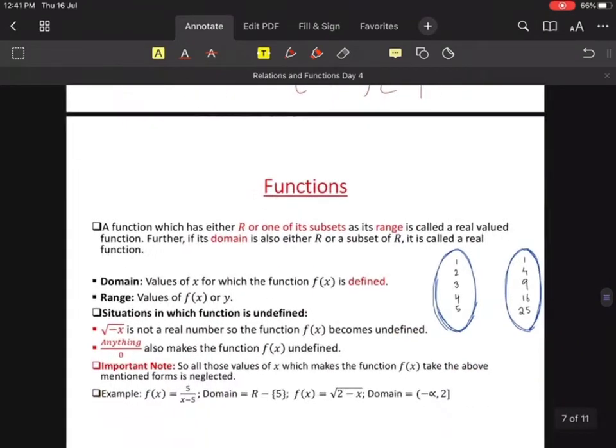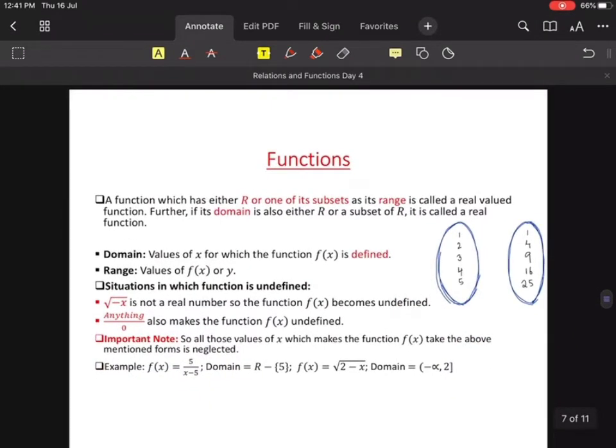Now let's move on to the next portion, where it says a function which has either r, which means, I told you last class, real numbers. It is not relation, it is not range, it is a set of real numbers. A function which has either real numbers or one of its subsets.